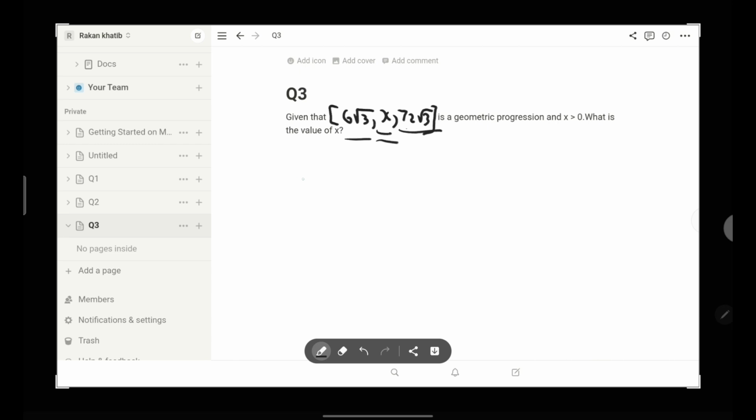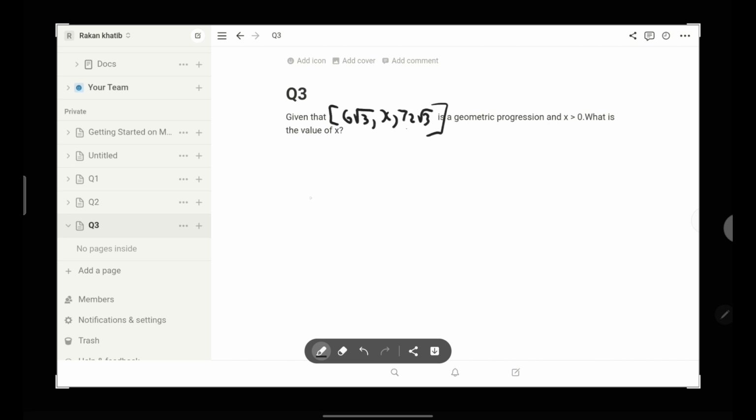If that makes sense, I'll just write it here. G3 over G2 equals G2 over G1. Simple as that.